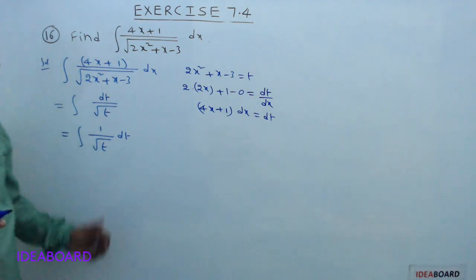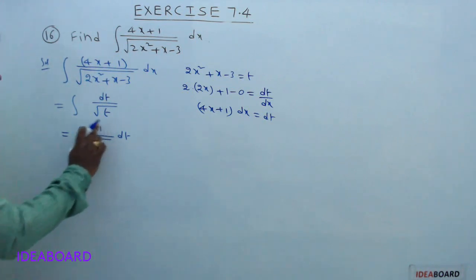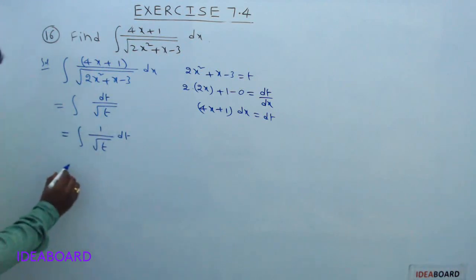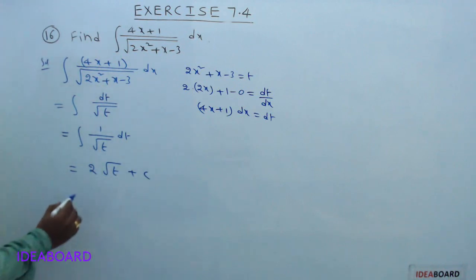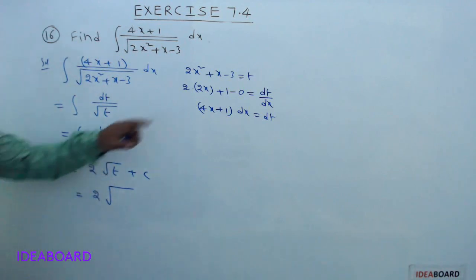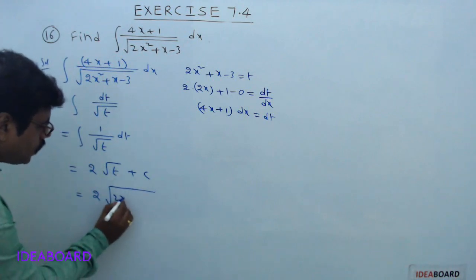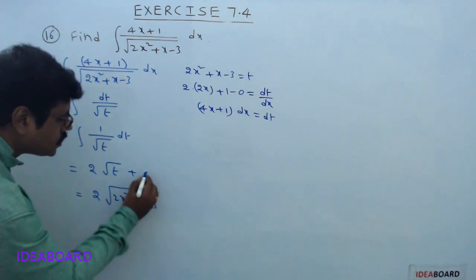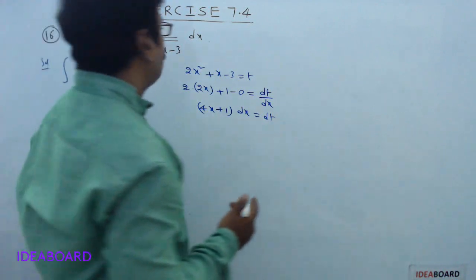Integral 1 divided by root x dx is 2 into root x plus some constant c. So integral 1 divided by root t dt can be written as 2 into root t plus some constant. Now this is 2 into square root of, replace t with 2x square plus x minus 3, plus some constant c. Now this is the substitution method. Now come to the formula orientation.